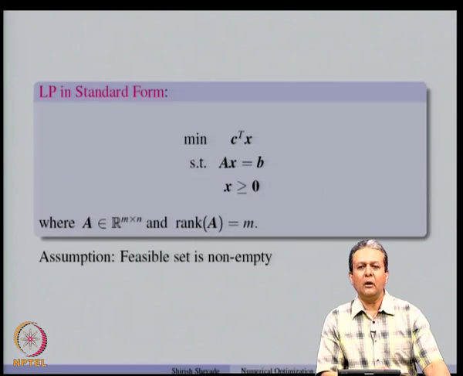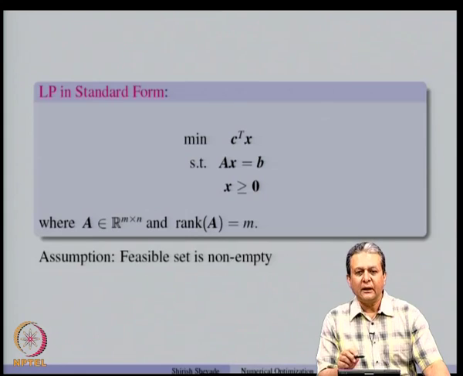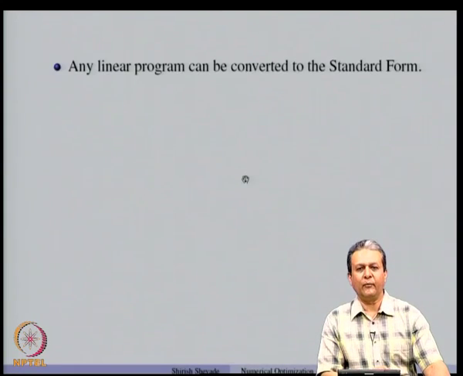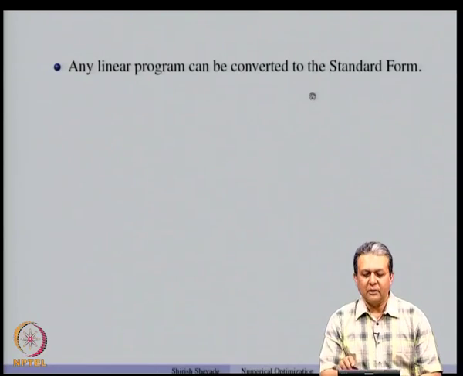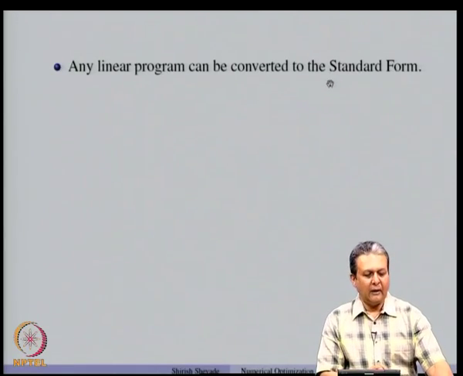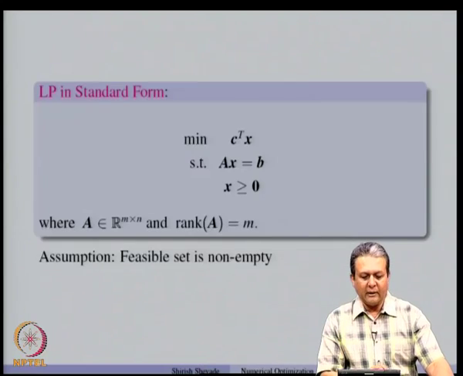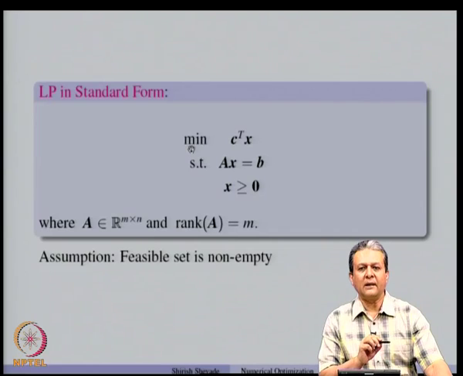Importantly, any linear program can be written in this form. So, let us see how this can be done. This is a very important observation. Now, there are different possibilities: instead of minimization, we may have a maximization problem, or there could be some constraints with a less than or equal to kind of inequality, or some constraints with a greater than or equal to kind of inequality.